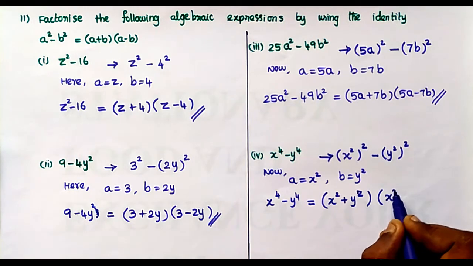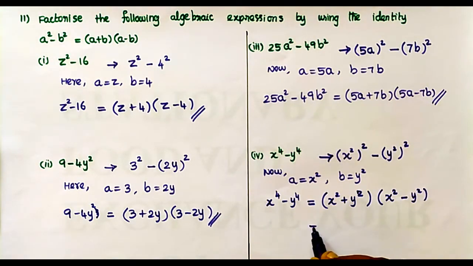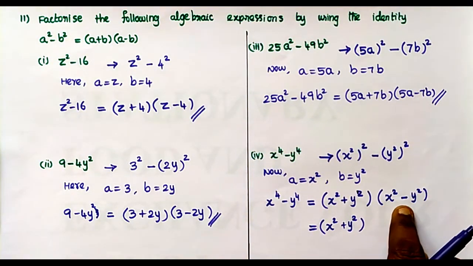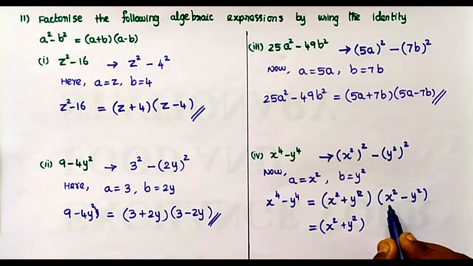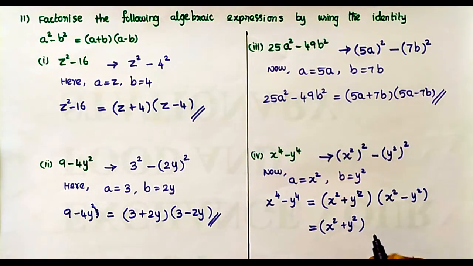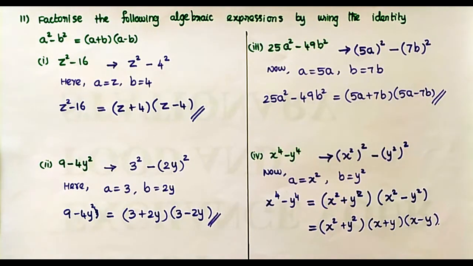What is a here? x squared minus y squared. Again listen, x squared plus y squared. Here a squared minus b squared form it again. So that is x equal to a, y equal to b. That is (x plus y) into (x minus y). That is the answer.